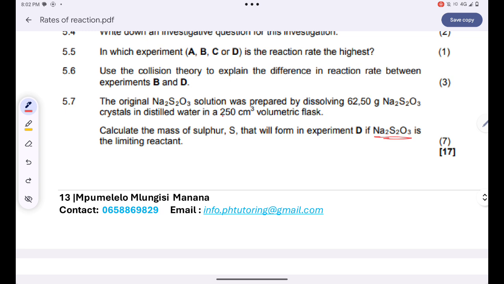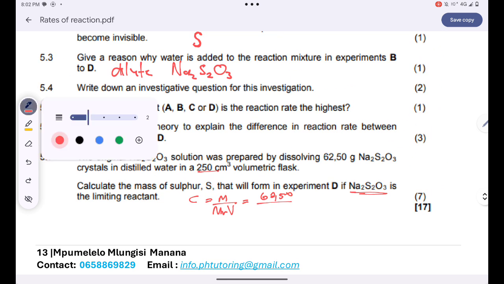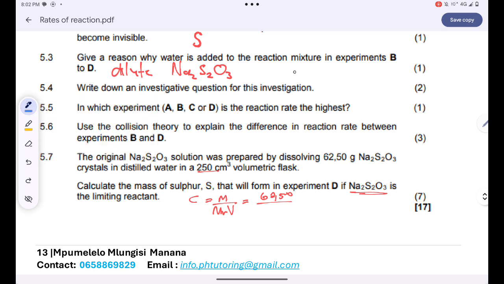The initial concentration of our sodium thiosulfate will simply be mass divided by molar mass times volume. The mass is just 62.50, and then the molar mass for sodium thiosulfate, let me write it somewhere there. Sodium is just 23.